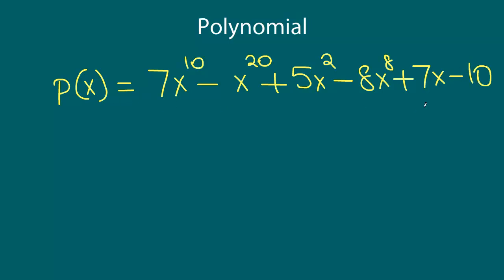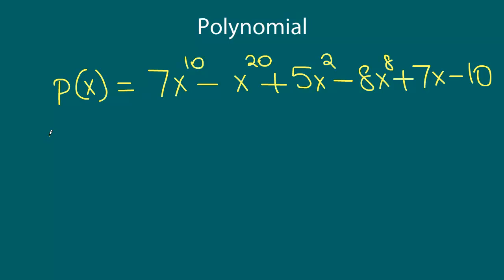If this is our polynomial, we can leave this polynomial the way it is, and that will be perfectly fine. But the standard way to write a polynomial is that we identify the terms that contain the variable, and we find out which is the highest power of the variable, and we write those terms from the highest power of the variable to the lowest power of the variable.